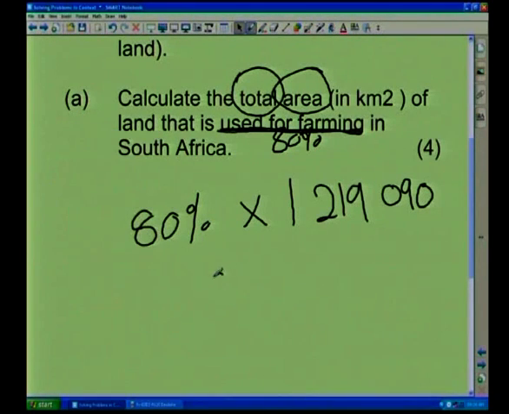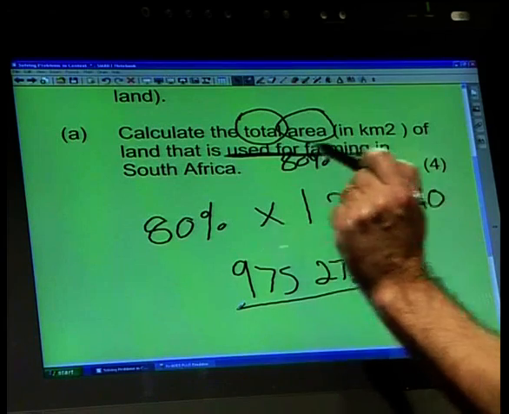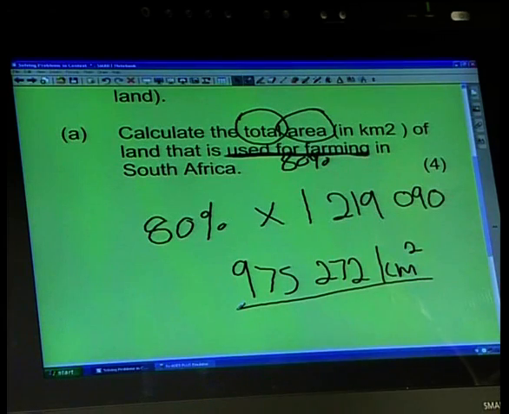Let's write it down. 975,272 square kilometers. Remember in the exams that you do need to put units down every single time for your final answers. So we've now answered question A. We've got a total land area that is used for farming in South Africa.